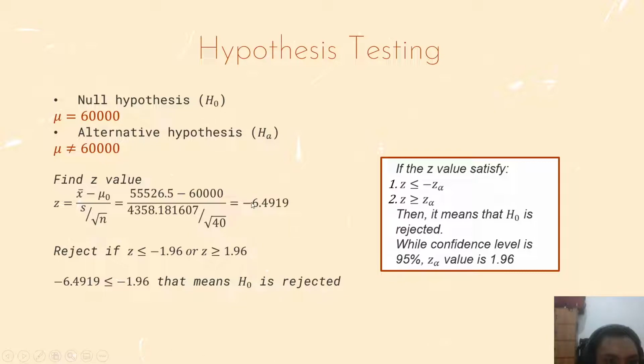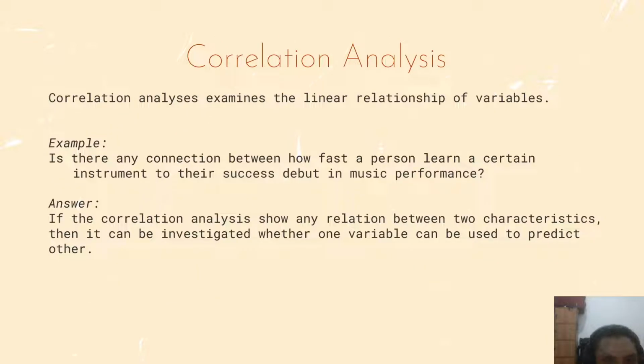The value that we just found was minus 6.4919, which is less than minus 1.96, and that means that the null hypothesis is rejected. And that is the end of the testing because we already rejected the first hypothesis.